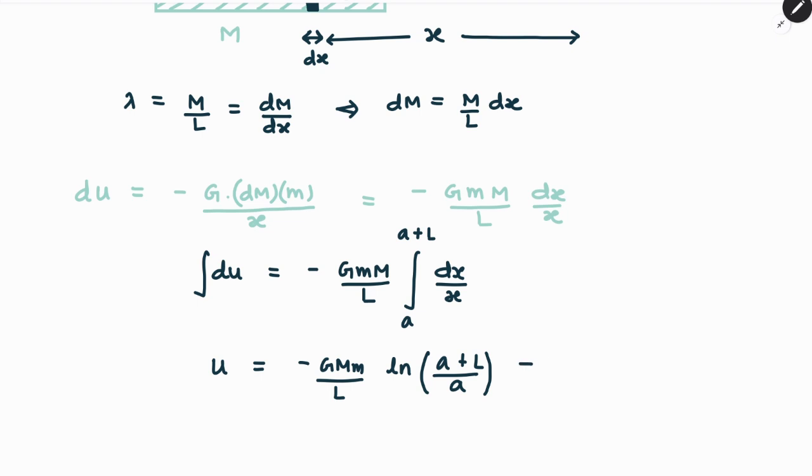So we get the final answer as minus G m M by L ln of 1 plus L by a.